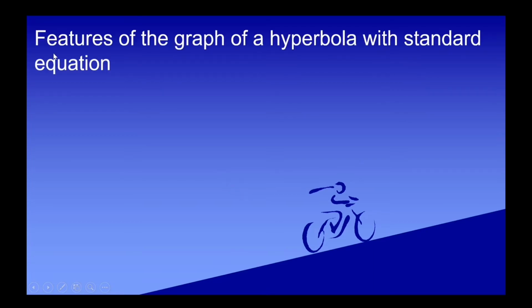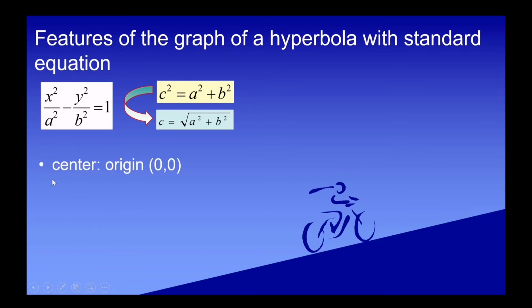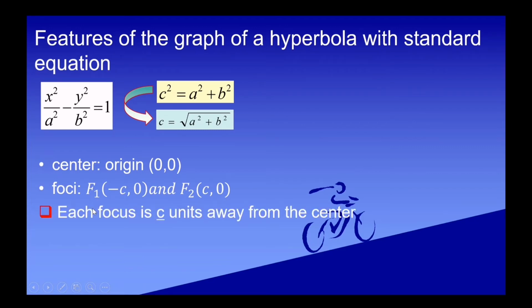Okay, let's do a summary of the features of the graph of the hyperbola with the standard equations, and also c squared is equal to a squared plus b squared. First, the center is at the origin, (0, 0). Foci F1 and F2 with their coordinates.